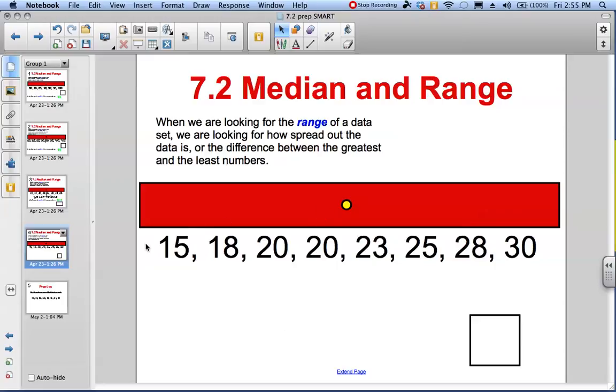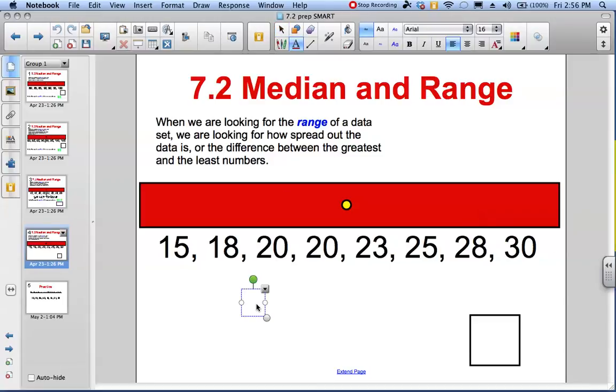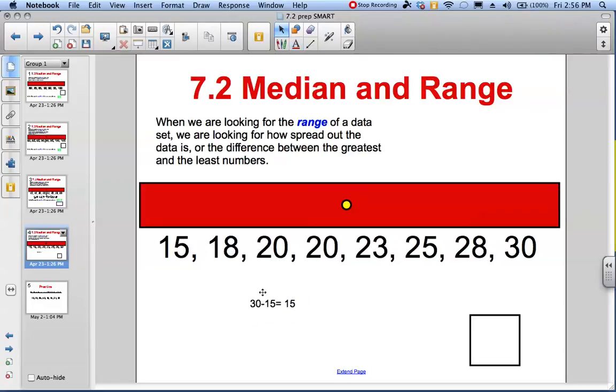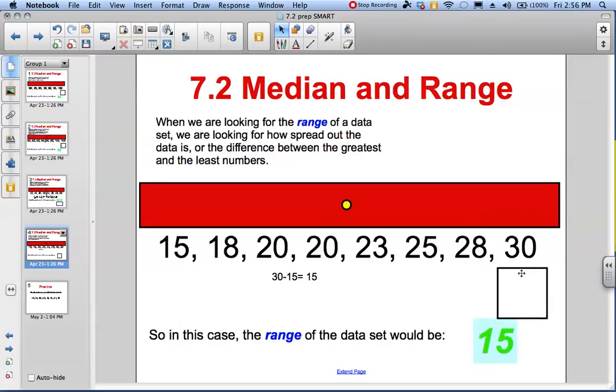So in this case, our lowest number is 15, and our highest number is 30. So what you do is you go 30 minus 15, and when you go 30 minus 15, you get 15. So in this case, our range would be 15.